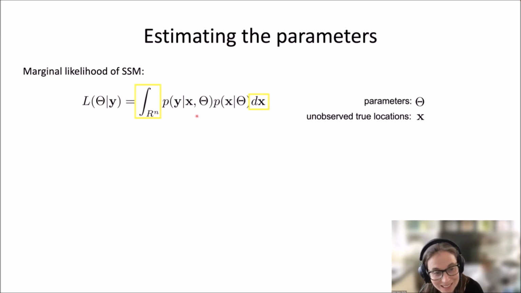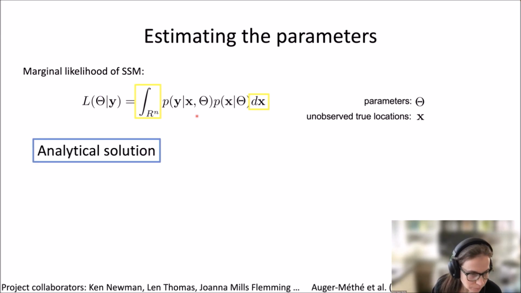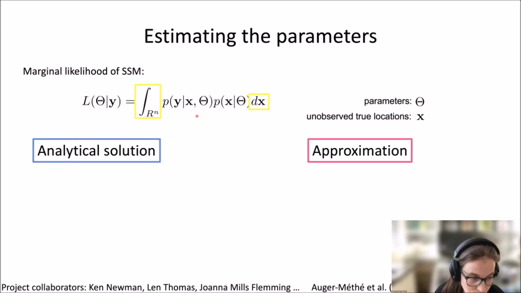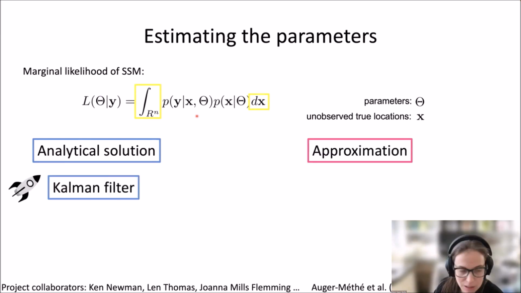And if you remember anything from maybe your calculus class many years ago, high dimensional integrals are just not fun to deal with. And a lot of the methodology available to fit state space models tries to handle this tricky high dimensional integral. So there's an analytical solution, and then there's approximation. The analytical solution is a Kalman filter. It was actually created for a space shuttle going to the moon.